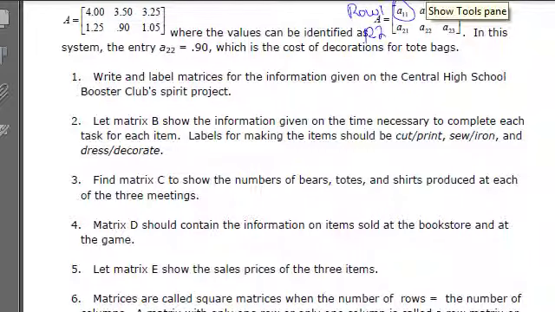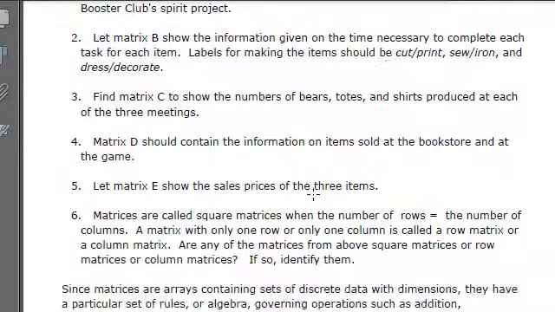Number 1 says write and label your matrices, and 2, 3, 4, and 5 give you specifics of what to look for when trying to label your matrices. But then let's also scroll down to number 6. This question makes reference to what we refer to as the square matrices.